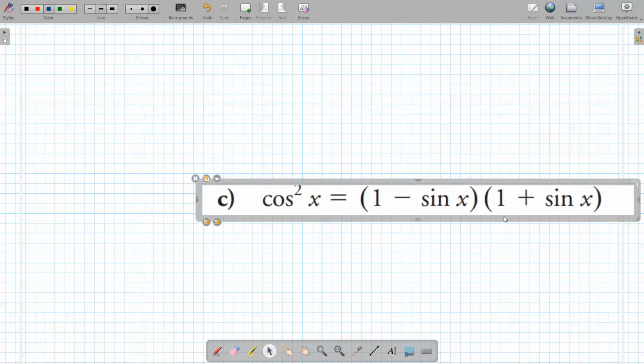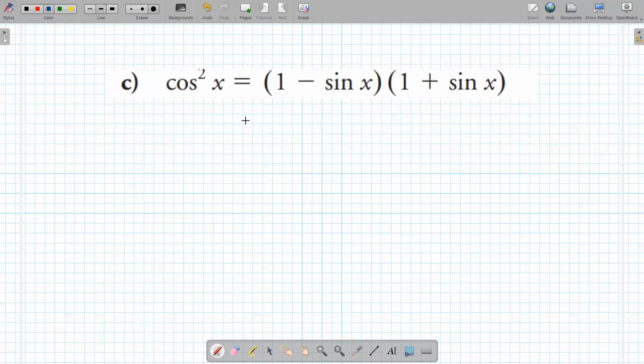This one is just straight up a difference of squares. If you use a difference of squares formula on the right, what do you get? You have 1 minus something and 1 plus something. If you combine them, what do you get? It'll be 1 minus sine squared x, and we know that is cosine.